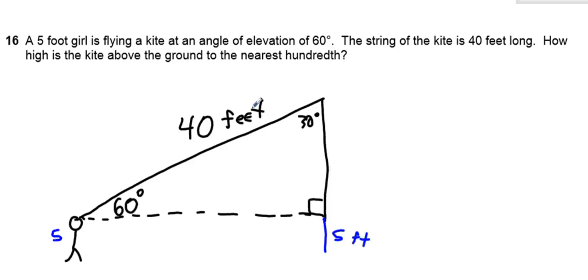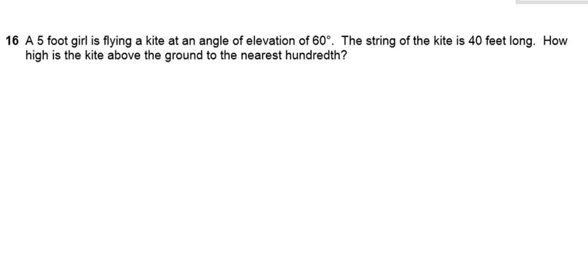So if we were trying to find out, I did not draw this to scale, and it's actually a little confusing because the 60-degree angle I drew looks like the 30-degree angle. So let me resketch that real quick.